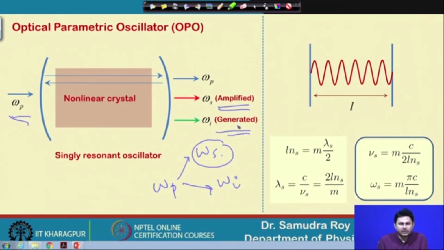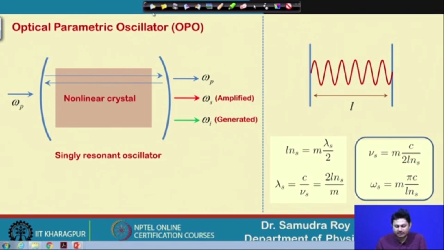Since only one frequency is making a round trip, we call this a singly resonant oscillator. So, this singly resonant oscillator can amplify only one frequency, and in this case it is omega s.